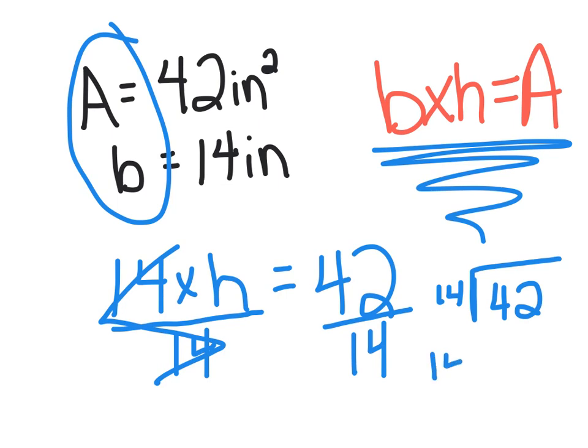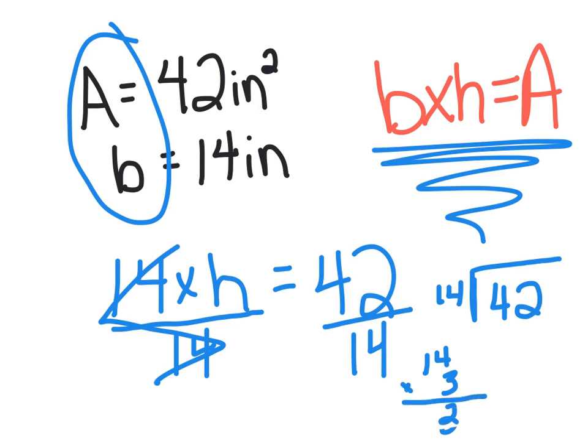I can do some multiplication out here. 14 times 2, well, 4 times 2 is 8, and 2 times 1 is 2, so I know it needs to go more times than that. So I'll do a little extra here. 14 times 3. Ooh, we might have a winner.